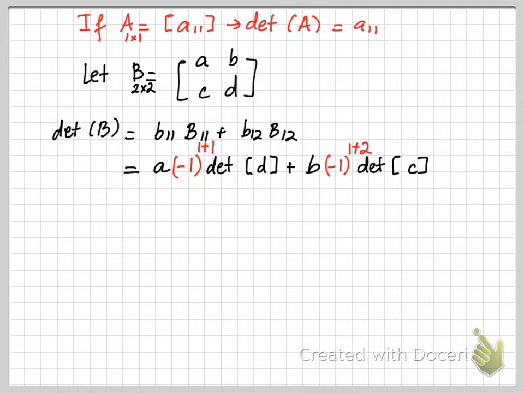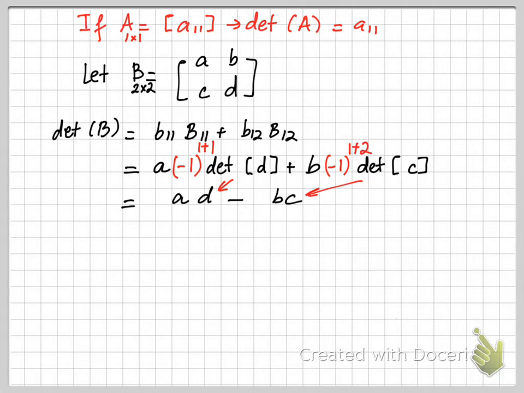The minor of b12 is formed by deleting the first row and the second column of B. So the remaining matrix is just a 1 by 1 matrix c. And we know that the determinant of a 1 by 1 matrix is its entry, so similarly the determinant of the matrix c is just going to be c.